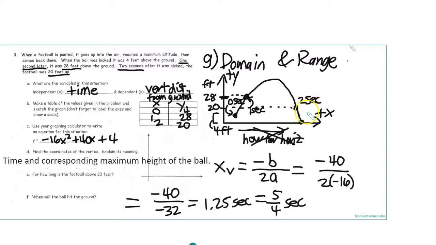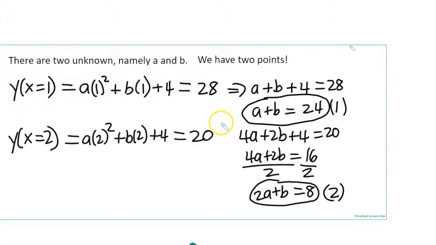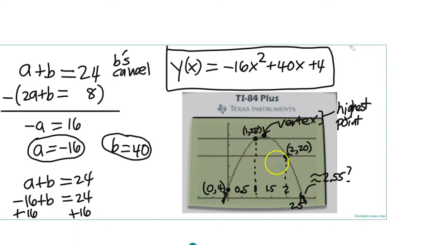Do you agree with that? Yes. We see that here. We can also see that this right here would be 20 feet. This up here was our sketch. And then we also see here, this is the 20-foot line. This is the 28-foot line.